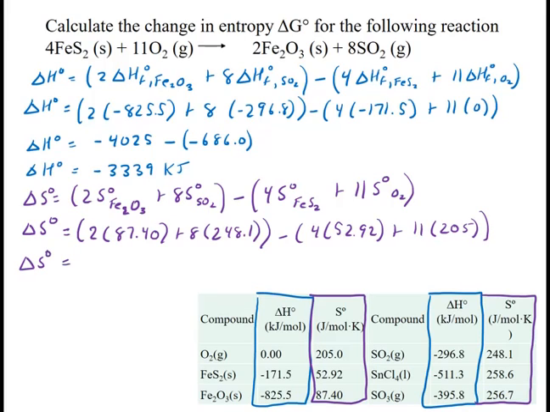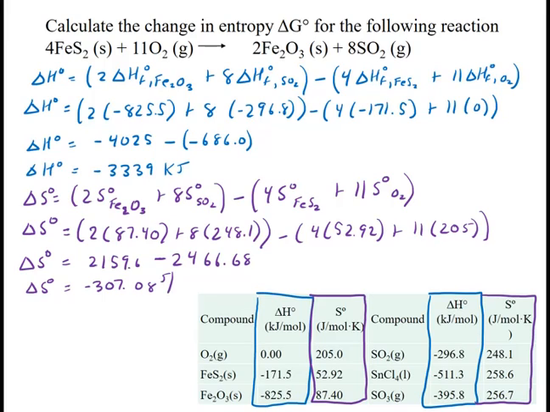So the delta S for my products was 2,466.68. For my reactants it was 2,159.6, and since it's products minus reactants, that means my delta S naught is a negative 307.08.